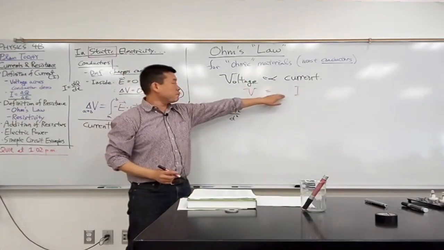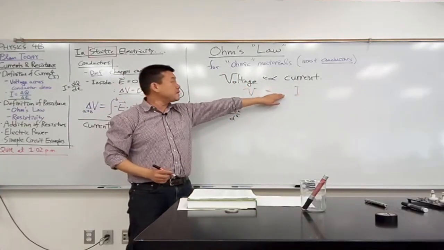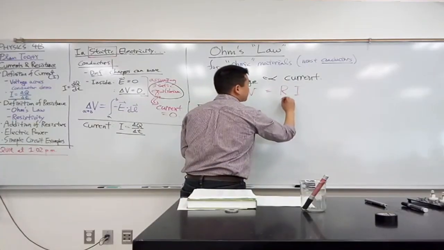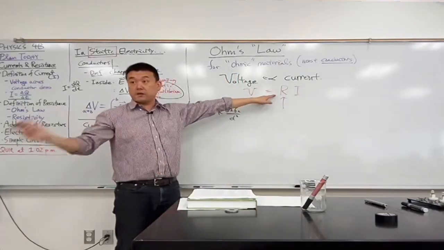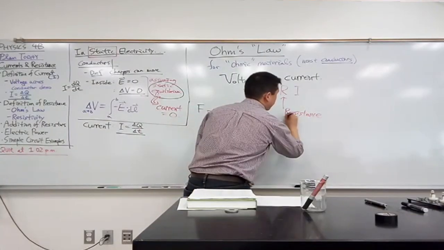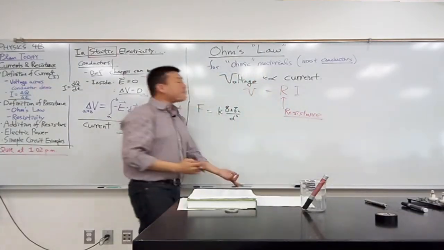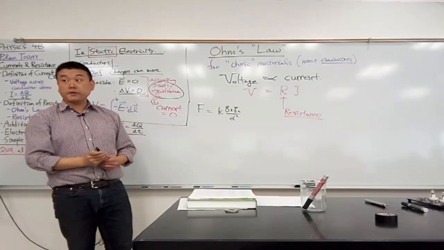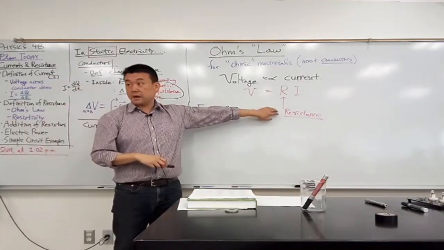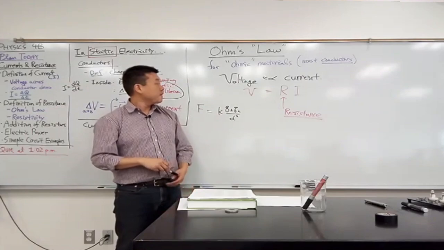So the constant of proportionality, this is what we are going to call resistance. This is a new constant that we are introducing. It's what we call resistance. And it's a property of the object that you are dealing with. Not a property of the material, a property of the object. I will demonstrate what I mean by that.